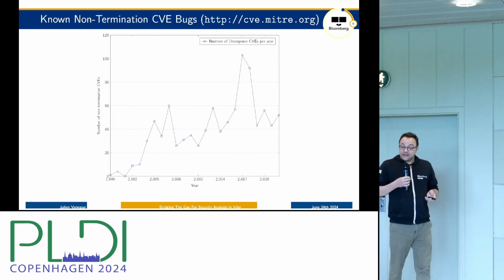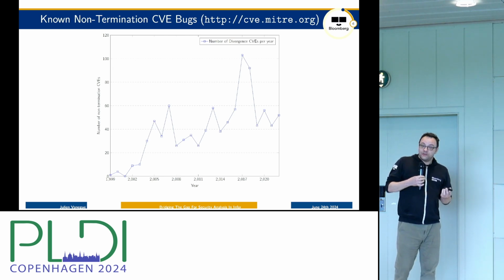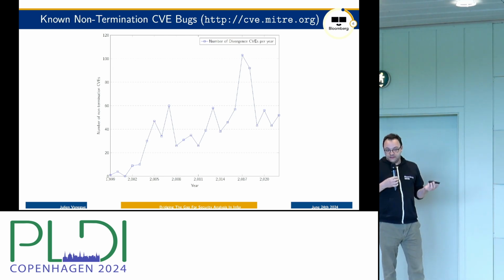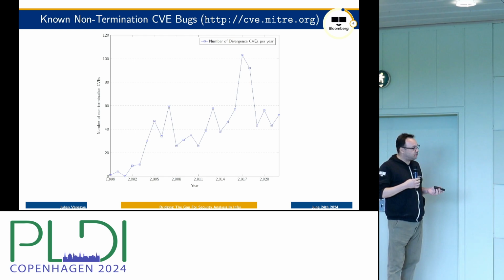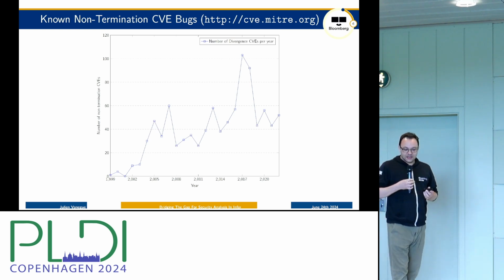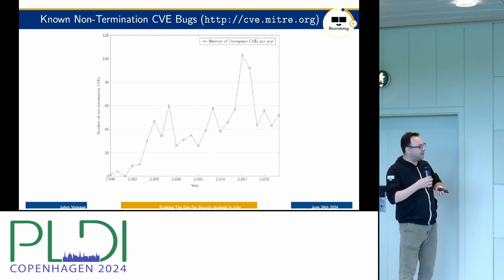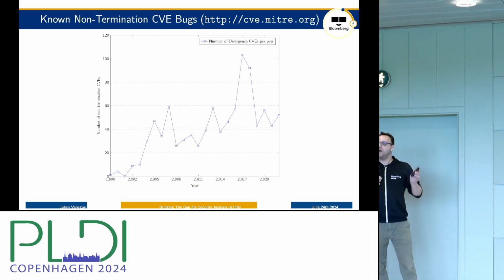Not only are those bugs present in a variety of programming languages, but also the trend is going up. If you track the non-termination issues, like the infinite behaviors in programs since 1999, thanks to the CVE database of MITRE, you realize that these keep going up.